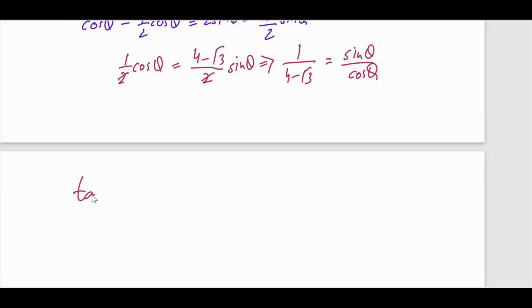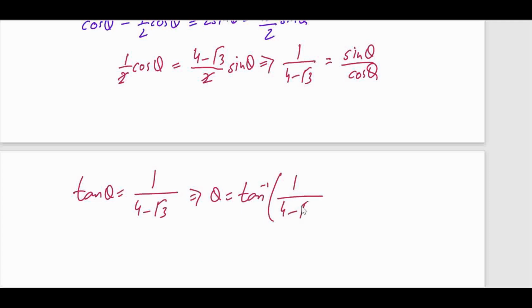So tan theta is equal to 1 by 4 minus square root of 3, and then theta will be equal to tan inverse of 1 by 4 minus square root of 3.